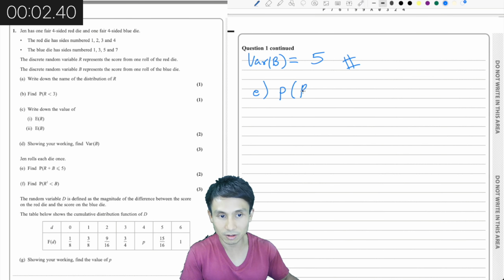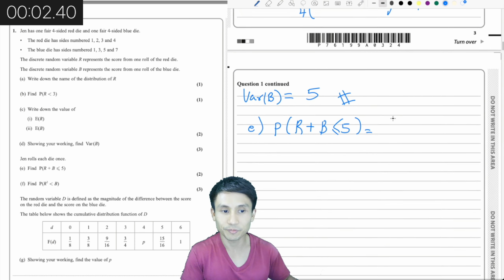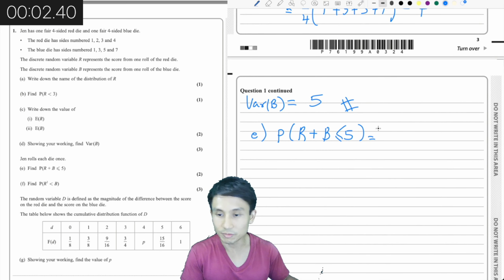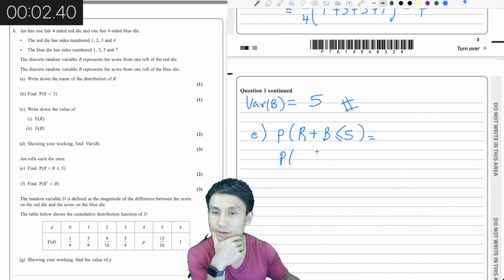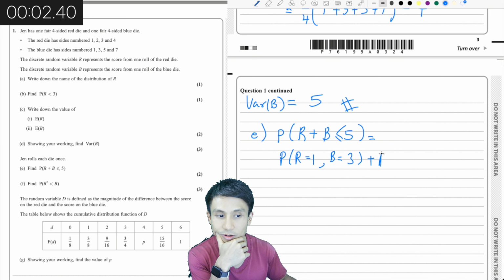So P(R plus B less than 5) would come from, if we do R and B, so it's got to be probability of less than 5. Okay, let's see. So it's either 1. Okay, so if R equals 1, then B equals 3, right?